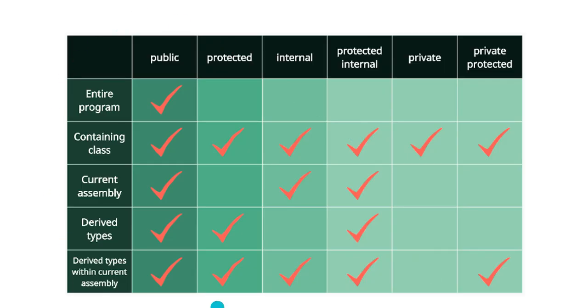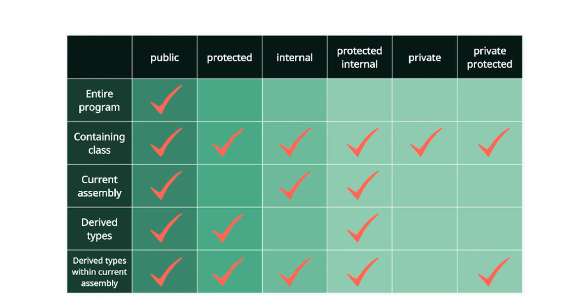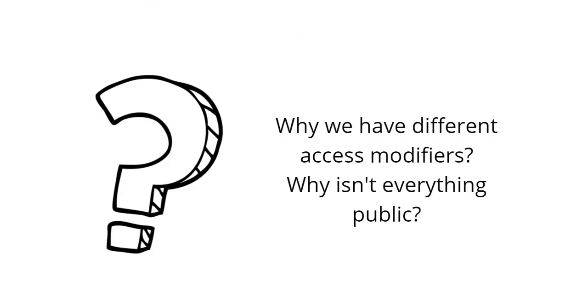So this is the summary chart. You can get a clear idea from this table, and the final one, yeah, this is the final part. So my question is, why do we have different access modifiers?